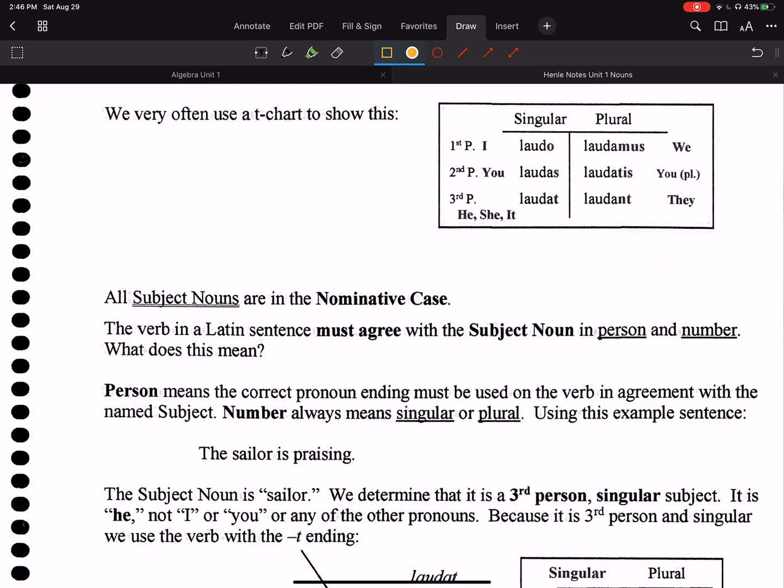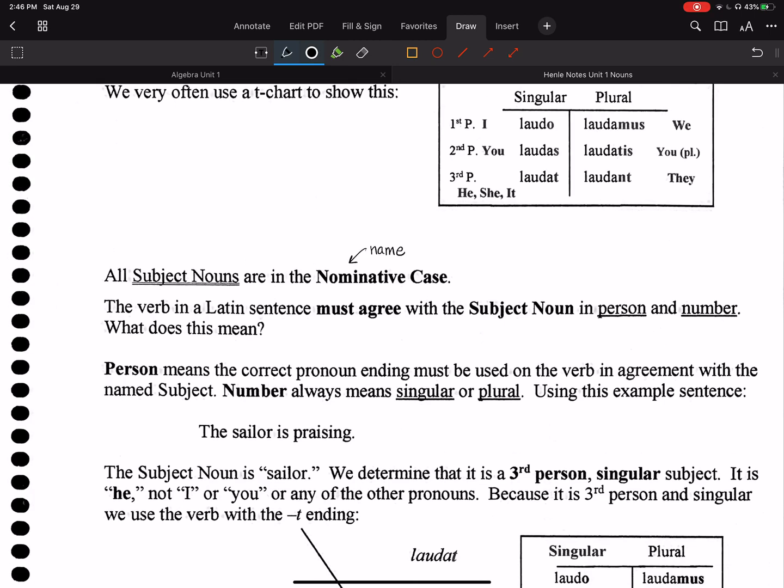All subject nouns are going to be placed in the nominative case. Nominative is based off of the Latin word for name. So the word noun in English comes from the Latin word for name. The word nominative case comes from the Latin word for name. And name actually comes from the Latin word for name. All three of those, okay, very useful.